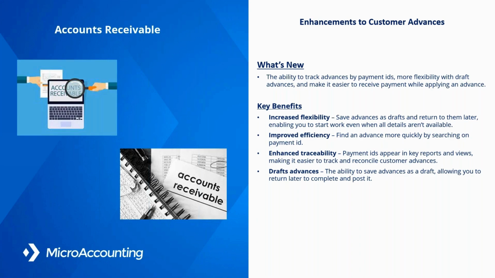That payment ID is going to be available in reports so that we can search better on that. With this new feature, we also will have the ability to create an advance and save it as a draft. And what that does is it allows me to come back to it and complete it. And maybe I don't need that advance now, so I can delete it without reversing it out. So again, very powerful stuff.